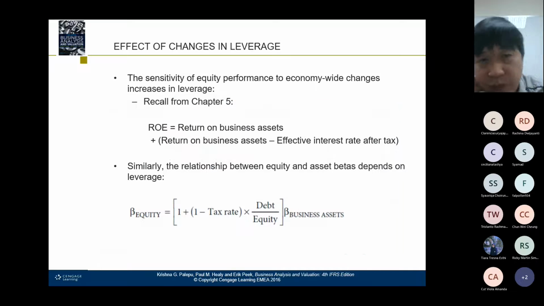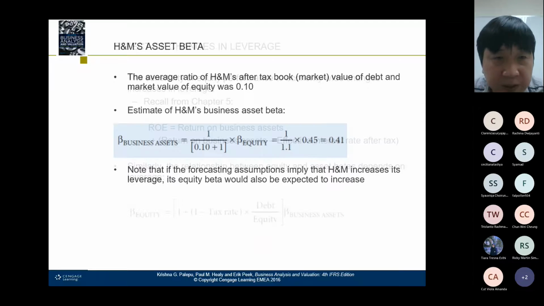Effect of changes in leverage: the sensitivity of equity performance to economy-wide changes increases with leverage. So here the equity beta can be calculated from the tax rate, debt ratio, and the beta of business assets.